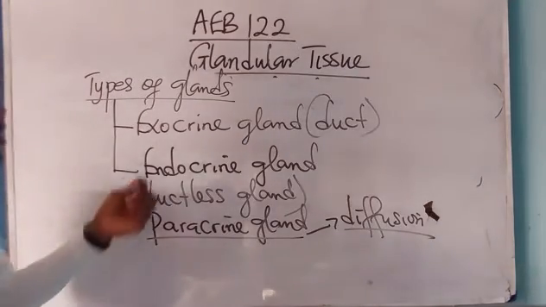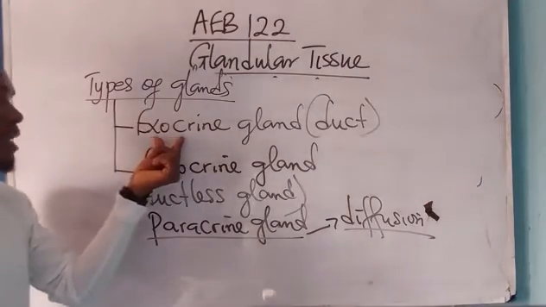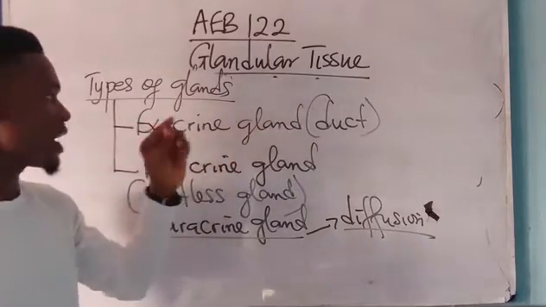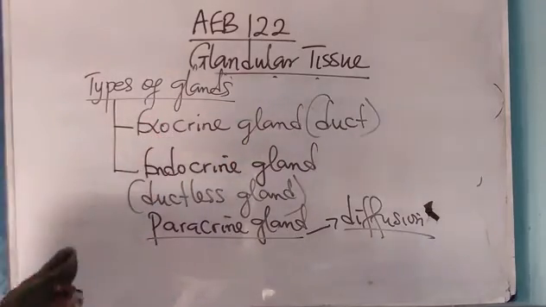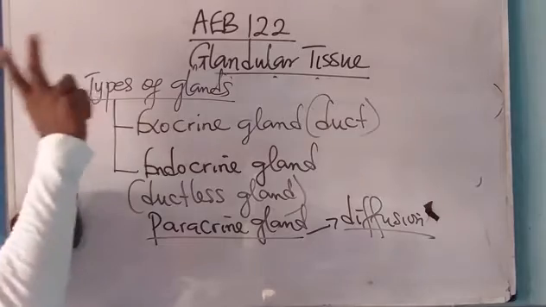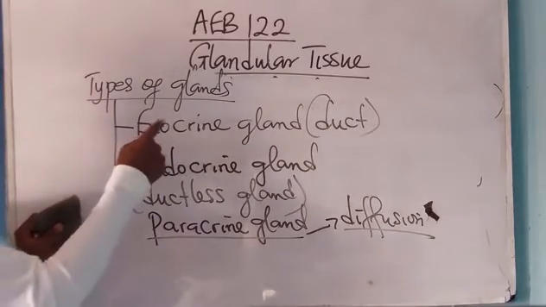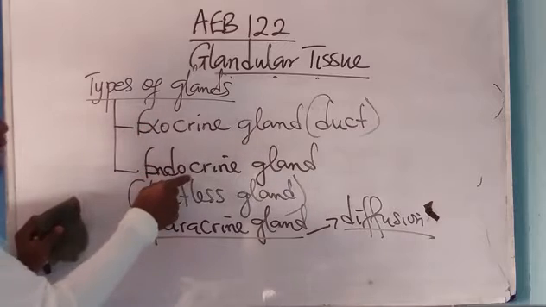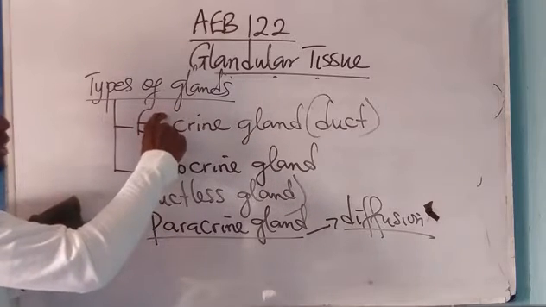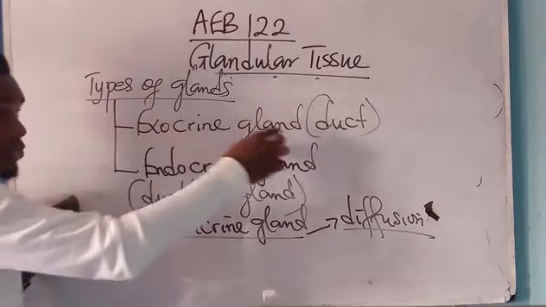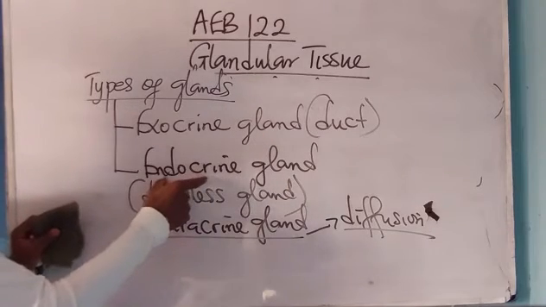It is very important. On a broad note, we have two types of gland: exocrine and endocrine. The difference is that exocrine has ducts, but endocrine does not.